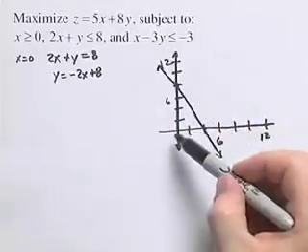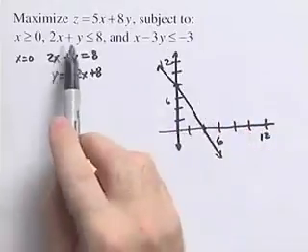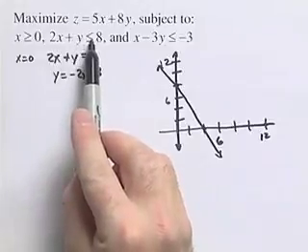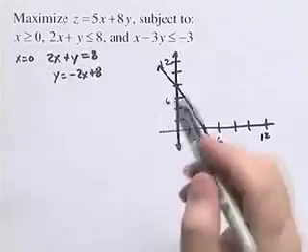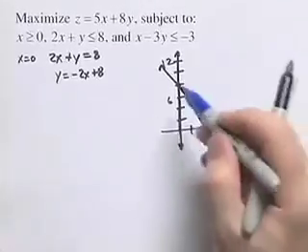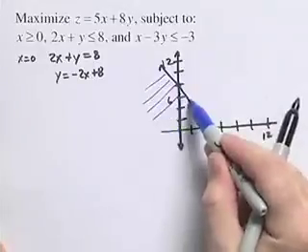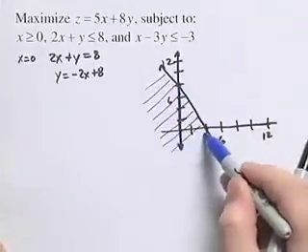If we pick a test point, say the origin 0, 0, and put that into our inequality, we'll get 0 plus 0, that equals 0. 0 is less than or equal to 8. That's a true statement. So we're going to shade the half plane that is below our line. So we're going to shade this region right there.